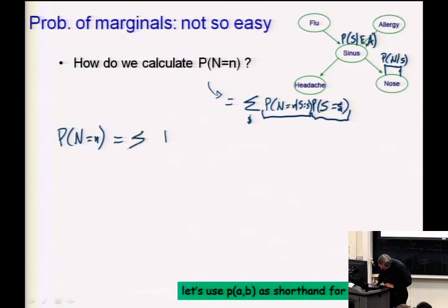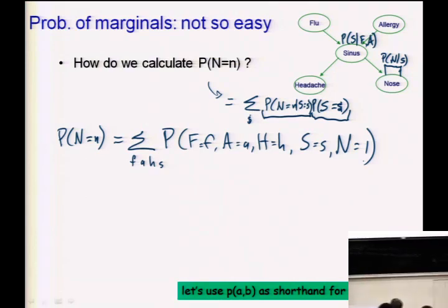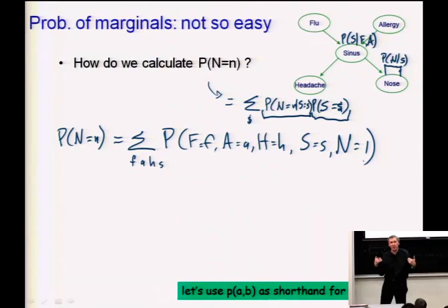I want to say it's the sum over all the values flu could take on, and allergy, and headache, and sinus, of the joint probability that flu takes on that value, allergy takes on that value, headache takes on that value, sinus takes on that value, and n takes on 1. Right? It's just the sum over all the rows in my joint distribution for which n equals 1. And you already know how to compute the joint distribution. We just did that on the previous slide.